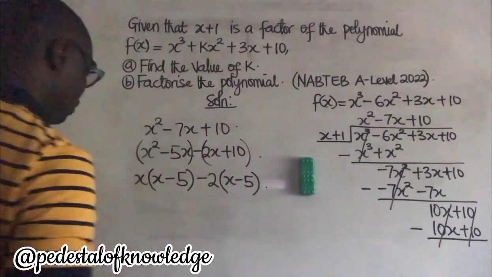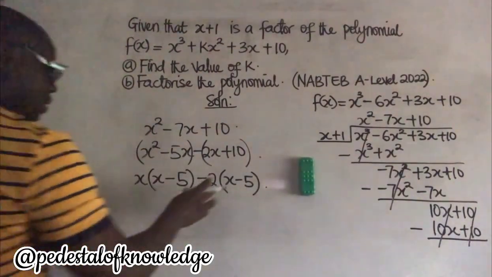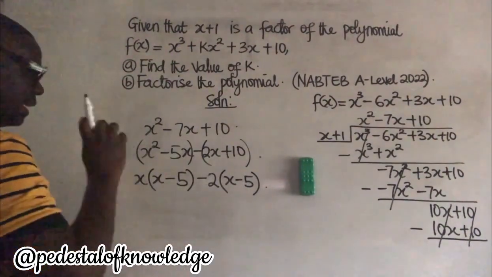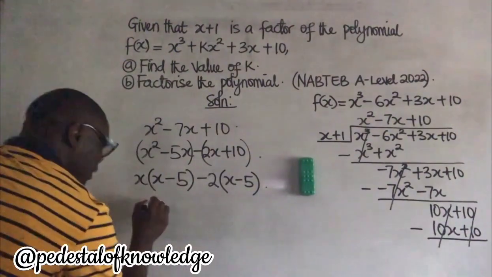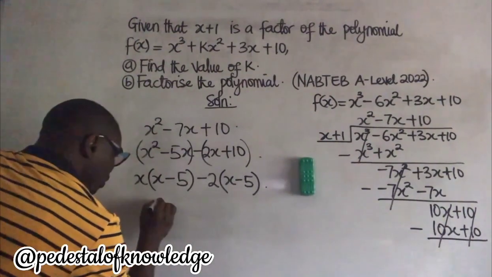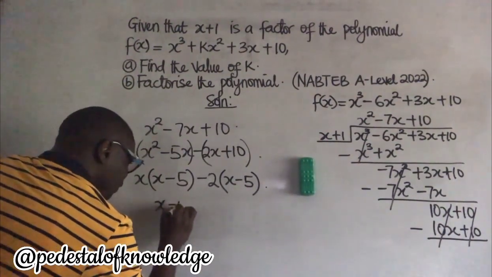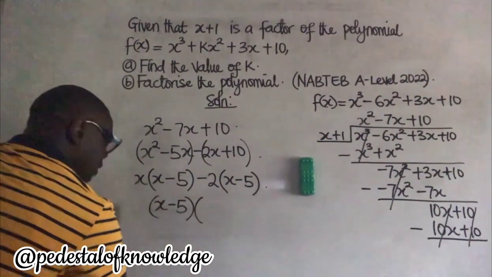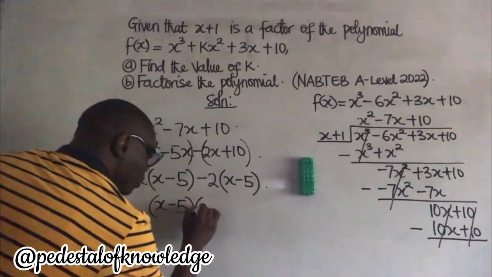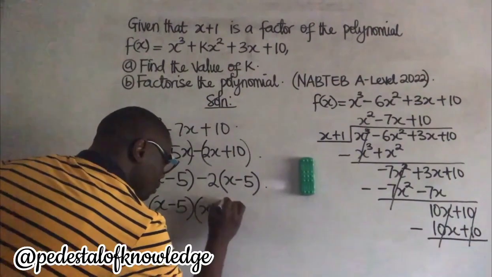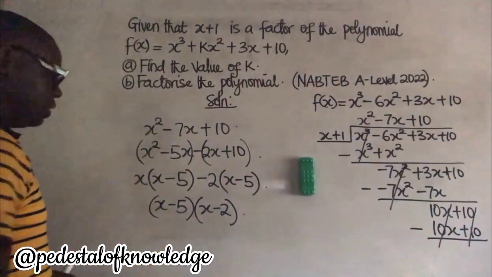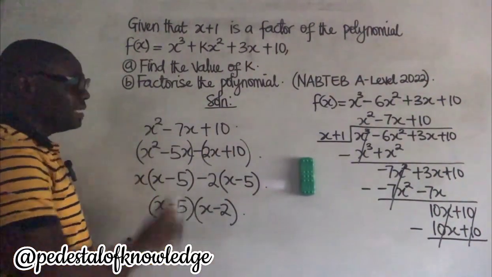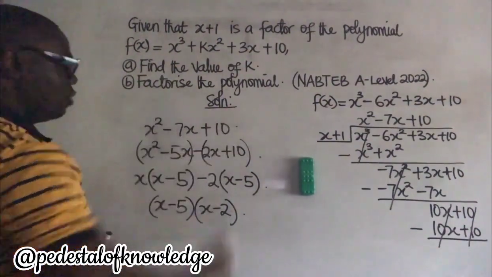So, now, we collect one of the factors inside the bracket as an entity, as one of the factors. So we have, since x minus 5 is common, you have x minus 5. Then you now collect the ones outside the bracket, that is x minus 2. Okay, so these are the other factors of the polynomial. But it says factorize the polynomial.